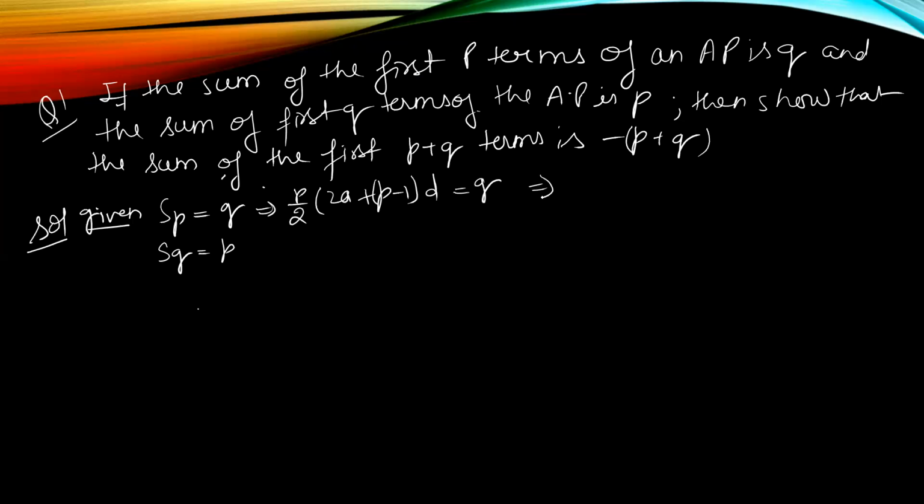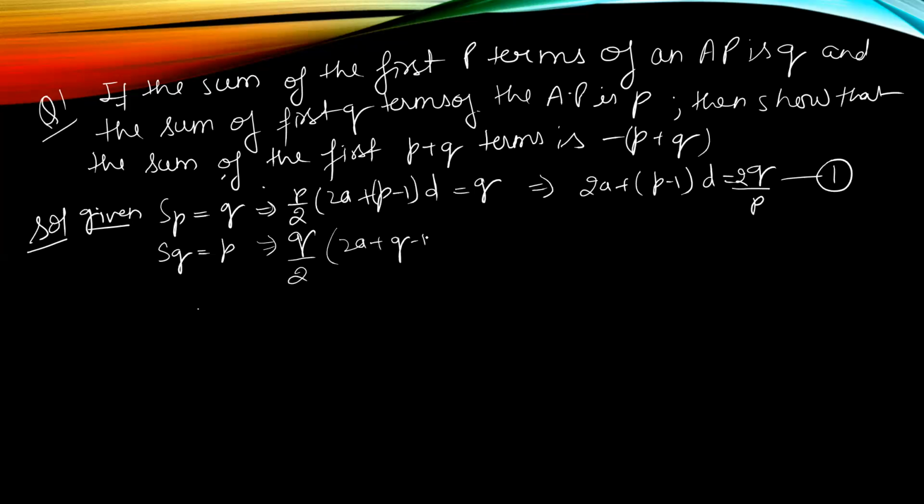Which can further be written as 2a plus p minus 1d equals to q into 2 by p. So give it equation number 1. From this condition, we can say that q by 2 into 2a plus q minus 1d equals to p, which implies 2a plus q minus 1d equals to 2p by q, and this is equation number 2.